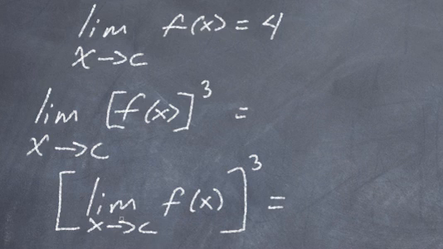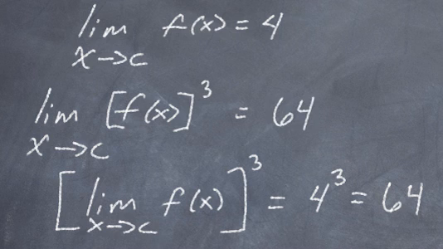So now we have the limit of f(x) as x approaches c, and that up here has been defined as being equal to 4. And so we end up replacing all of this here with 4, and it's raised to the third power, which is 64. So this is equal to 64.